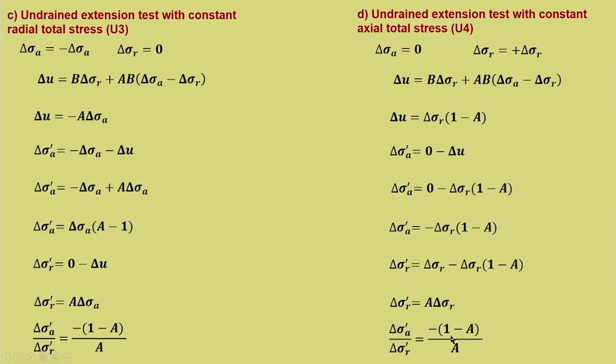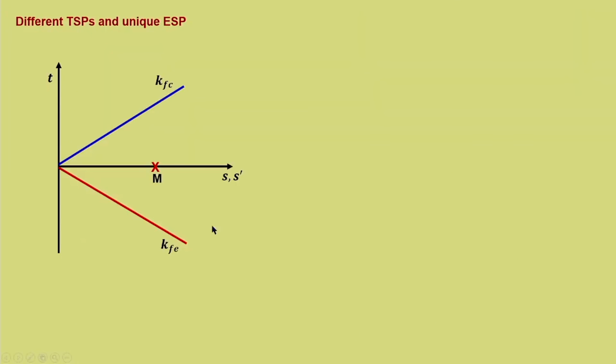these are identical. So, whatever be the manner in which the stresses are varying, if it is compression or extension, the effective stress path expression is unique. So, different TSPs and unique ESP. So, we have different TSP variations for different cases of compression and extension.